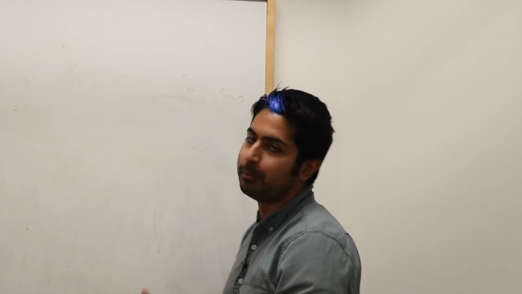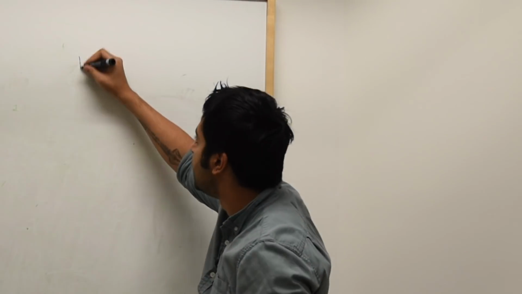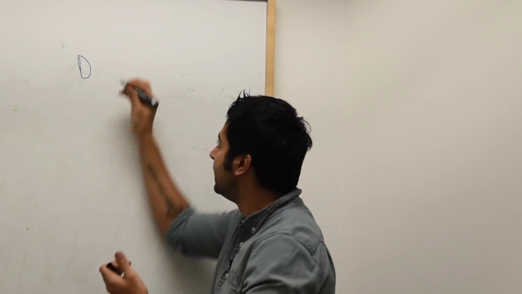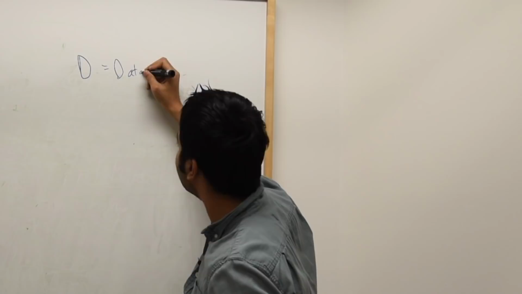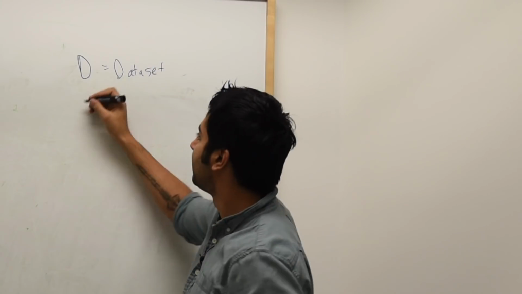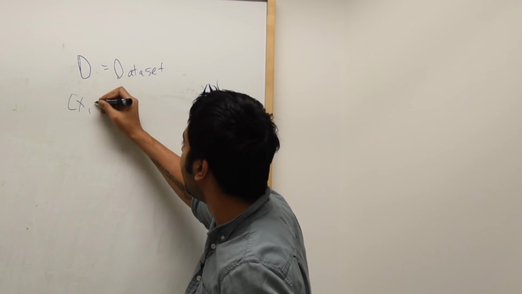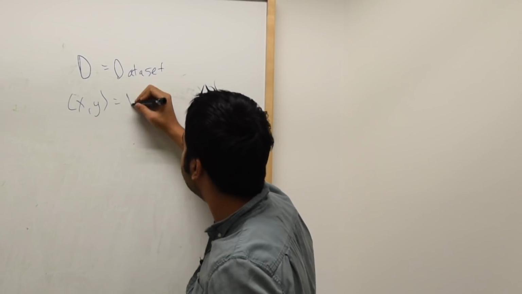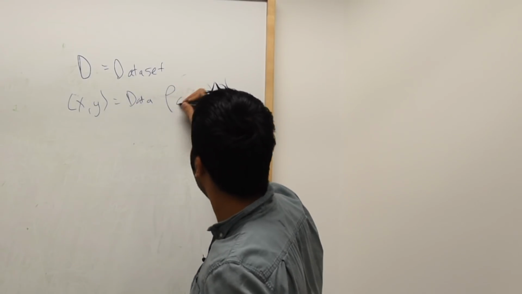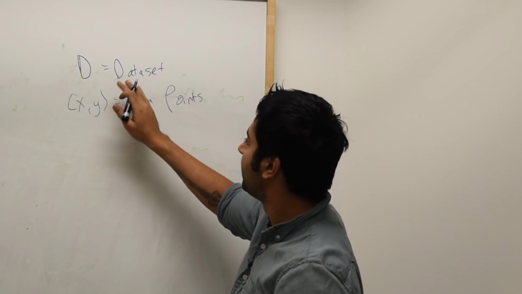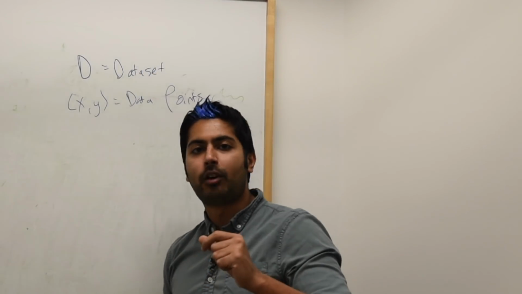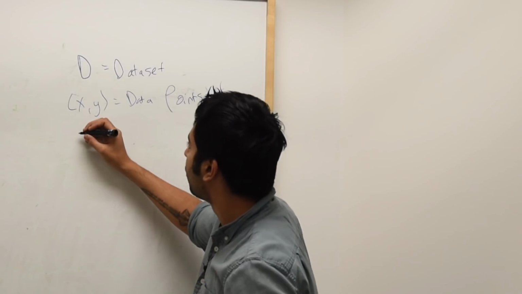So what are our variables here? First of all, we have D, and D is our data set. So D equals data set. Then we have our data points, which are going to be XY pairs. So we'll put data points there. Then we have our distribution, which is what we're trying to estimate.